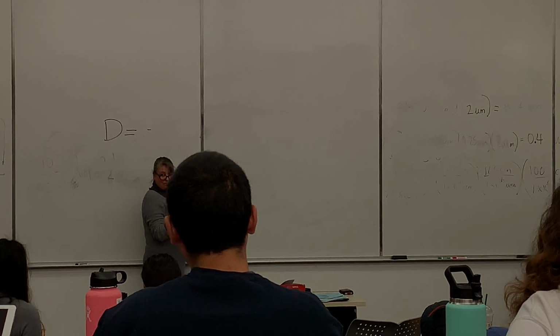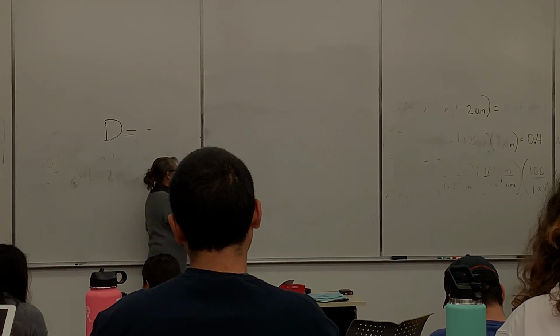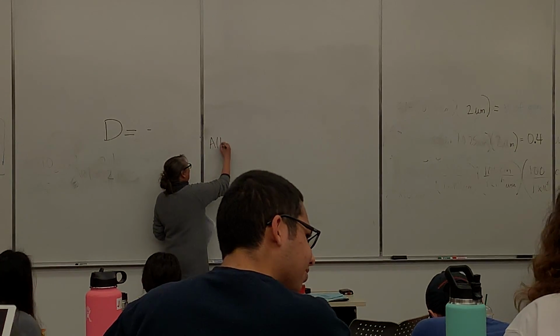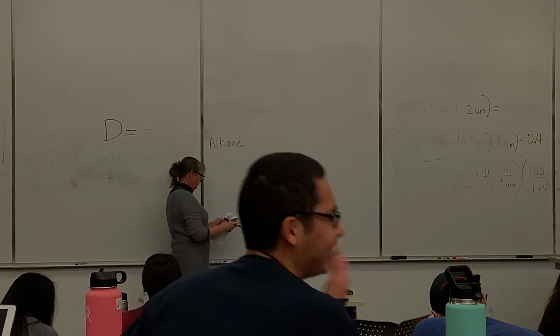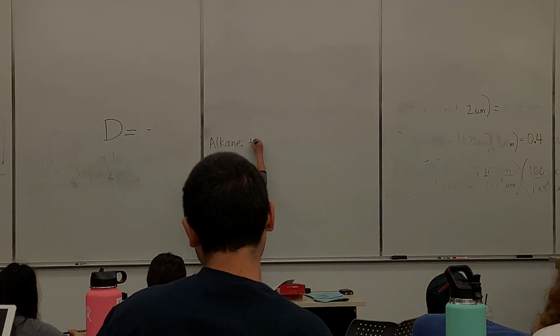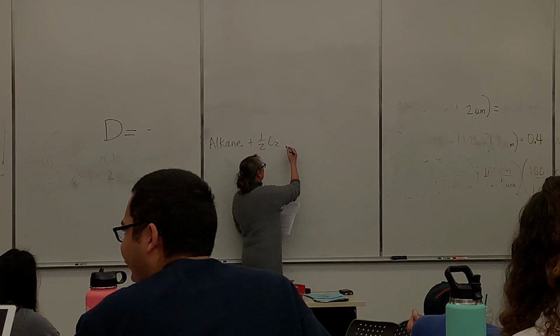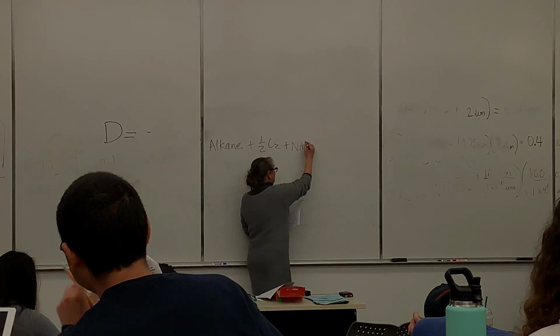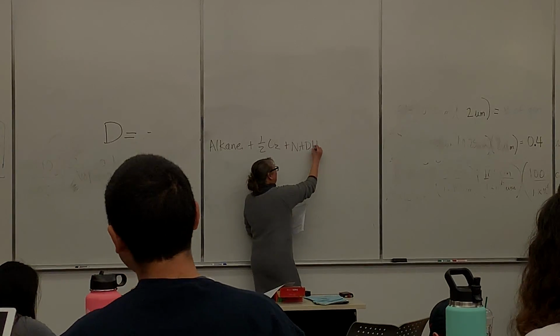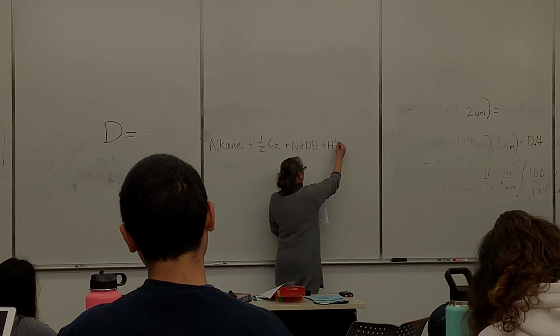Alright, so all the substrates only have a flat end of an arrow, so we have alkane and oxygen, NADH, H plus.